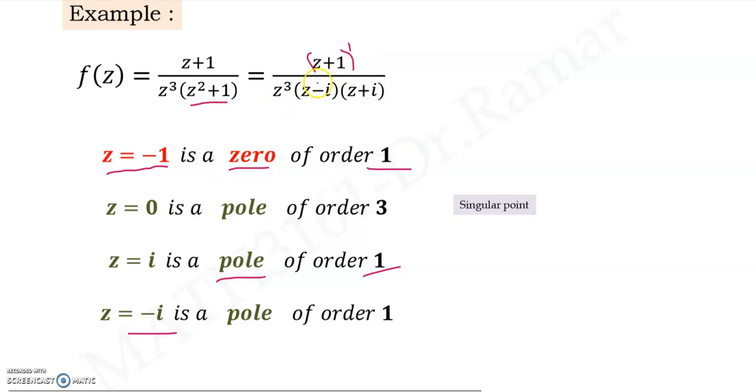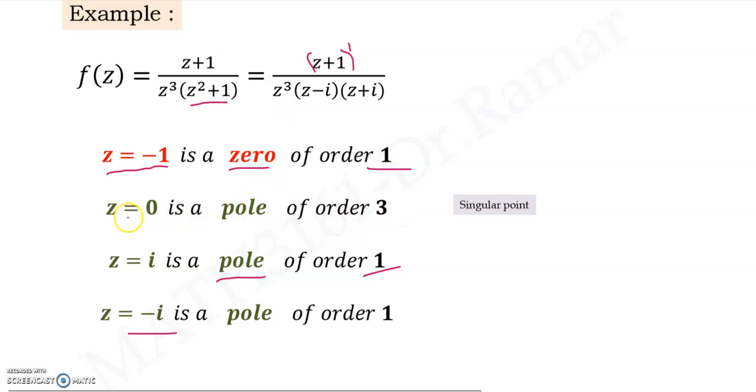In the denominator, you find the values of z, and that value is a pole. Then you see the degree of each factor.